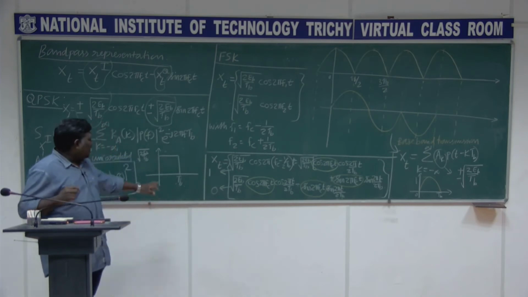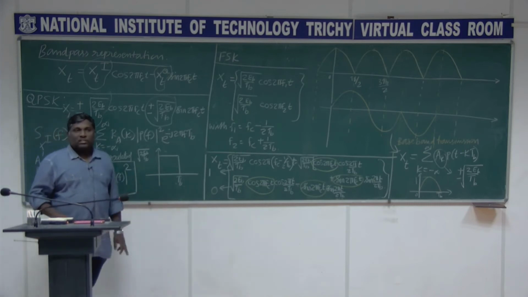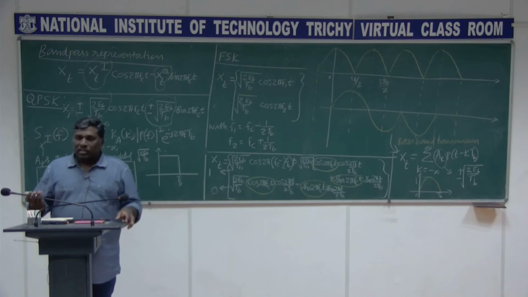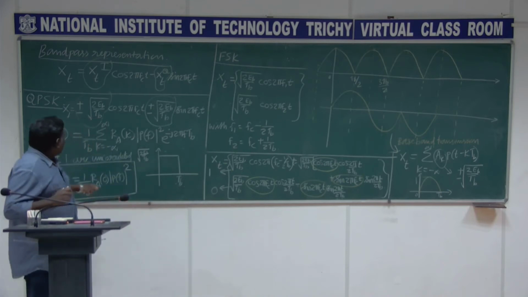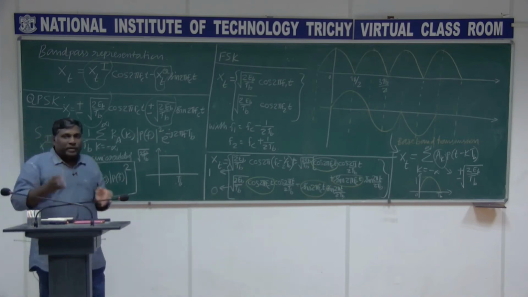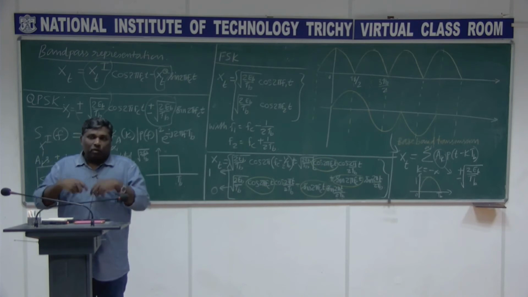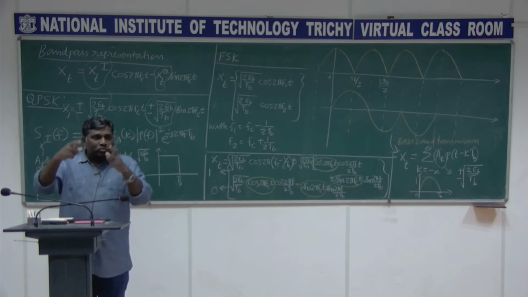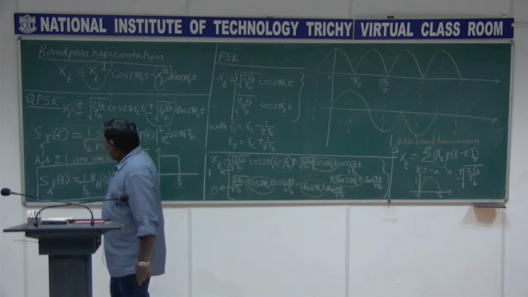So it depends upon the Fourier transformation of the pulse being used. The pulse is this, so we need to take the Fourier transformation of this. What is the Fourier transformation of the rectangular pulse? It is a sinc. For a QPSK signal, if you plot the spectral density, it is going to be sinc square, because we have the magnitude square of P of f.